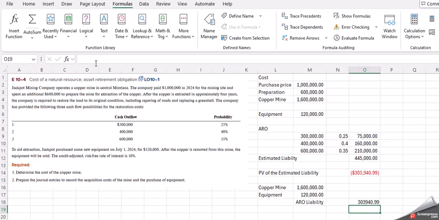Okay, hold on, let me just see if I can find it real quick. We debit the asset retirement cost. Okay, so then that would be in here.